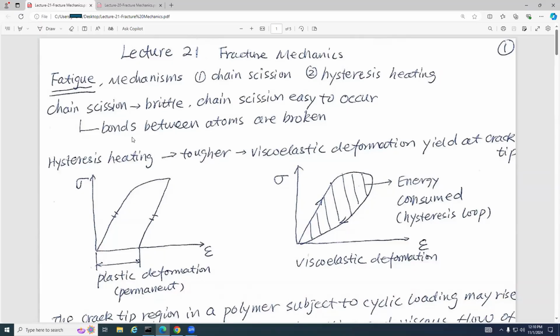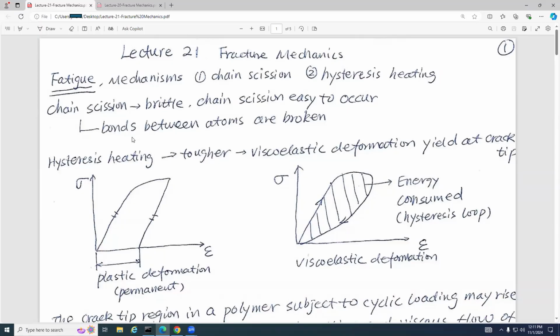In that sense, it is also called hysteresis. It is a very similar concept: different paths for loading and unloading. Hysteresis involves energy consumption, and you can see it when the material feels hot, feels warm.